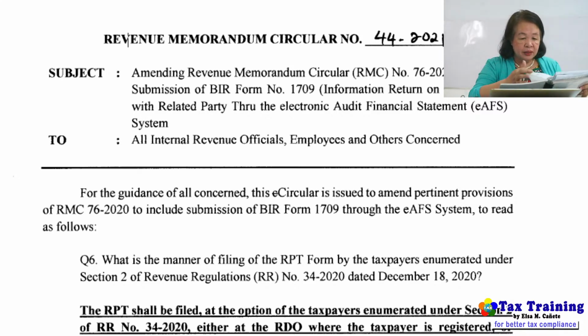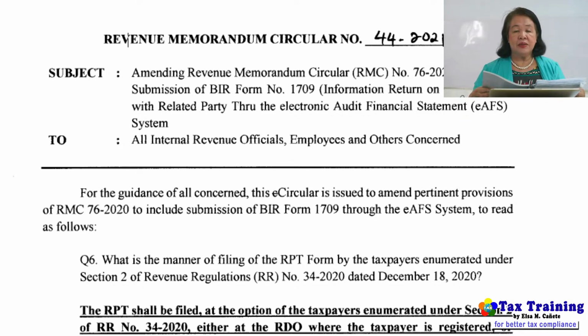So, when is the deadline of the submission of the 2307? Yung deadline ng 2307 is supposed to be monthly or for every transactions, no? Yan talaga ang dapat or ideal. But I have experience na minsan nag-aaway pa yung payer at saka payee because of the failure of the payer to give them the certificate of withholding.